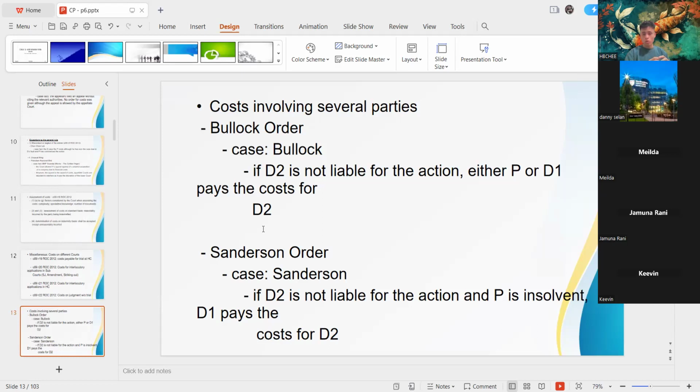Coming to another one, the Sanderson order. The Sanderson order logic is the same, just that the plaintiff is an insolvent. Does anyone not understand what is insolvent? Okay, so everyone knows what is an insolvent.